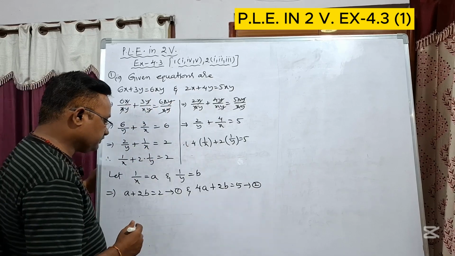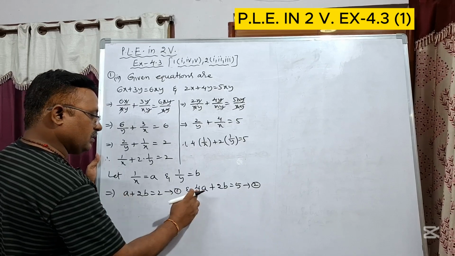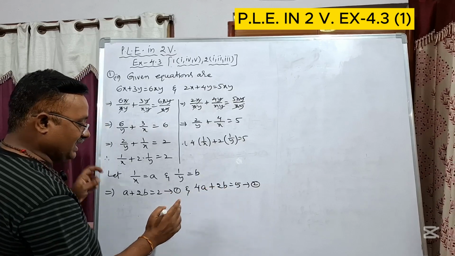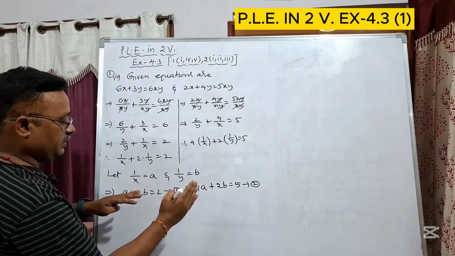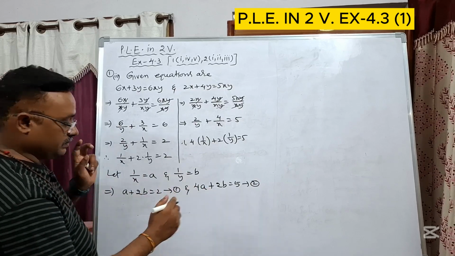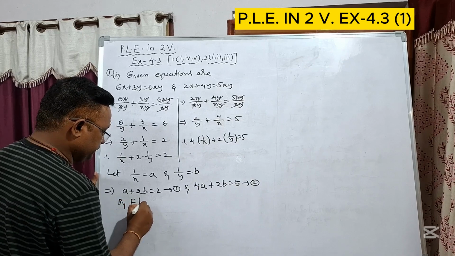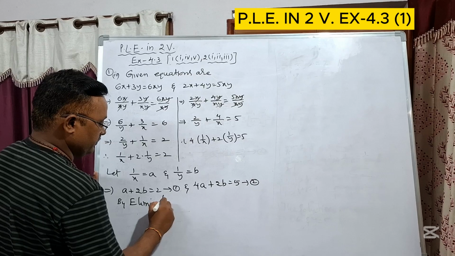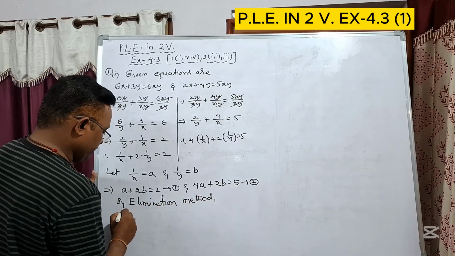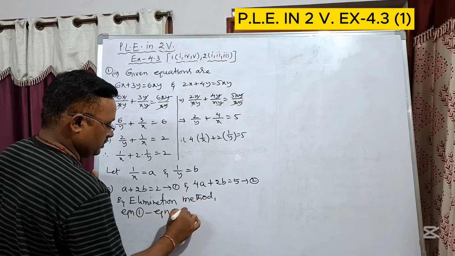So how to solve? Here you see a coefficient 1, here a coefficient 4, here b coefficient 2, here b coefficient 2. Luckily, a coefficients are different, b coefficients are the same with the same sign. So just subtract them. So by elimination method, equation 1 minus equation 2.